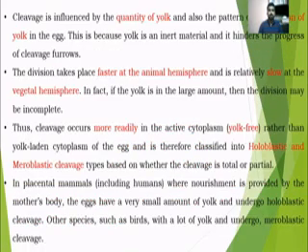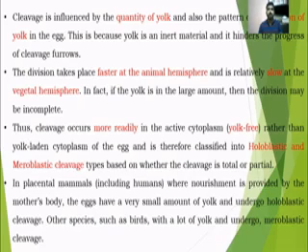This totally depends on the quantity of yolk and the distribution of yolk inside of the egg. Previously, we divided the eggs on the basis of the quantity and distribution of yolk. So whether the cleavage goes very fast or slow depends on how much yolk is present and how it is distributed.